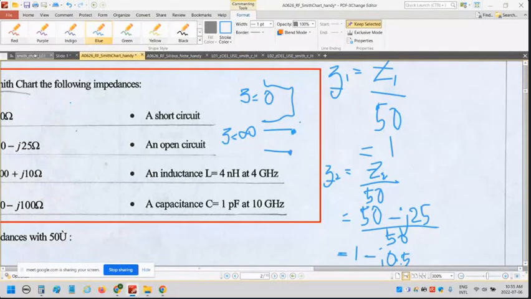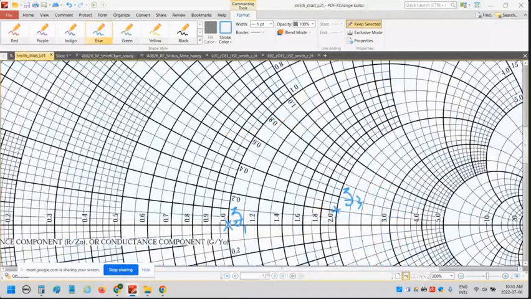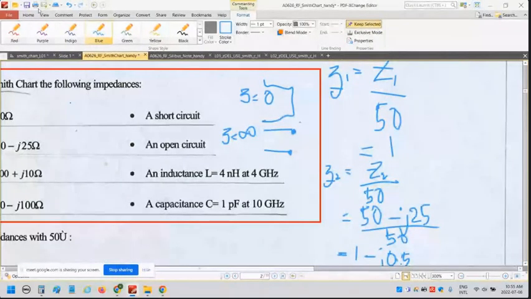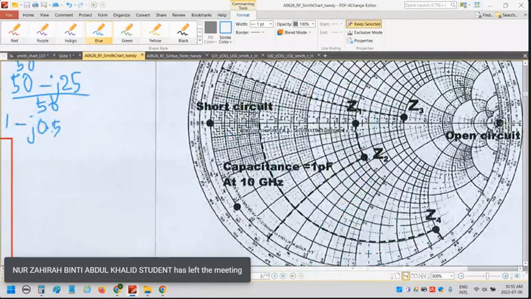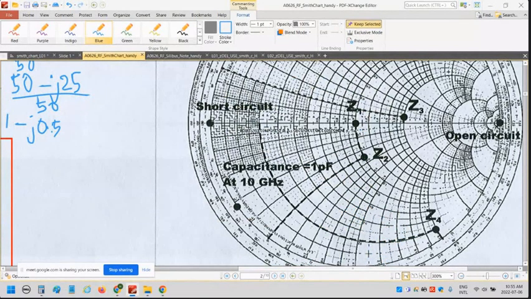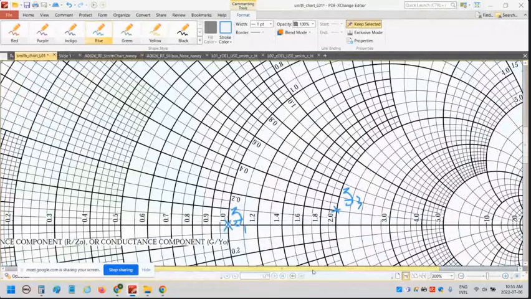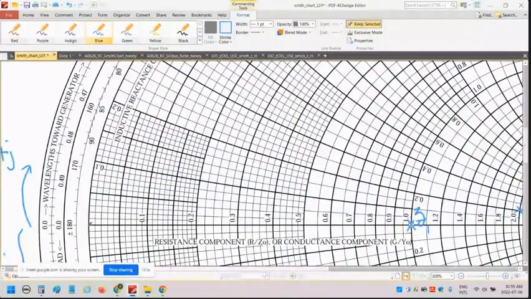So you need to locate where the short circuit and open circuit are. This open circuit, infinity, is here. Short circuit, Z equal to 0, the location is here. If you zoom in on the Smith chart, 0 is here.